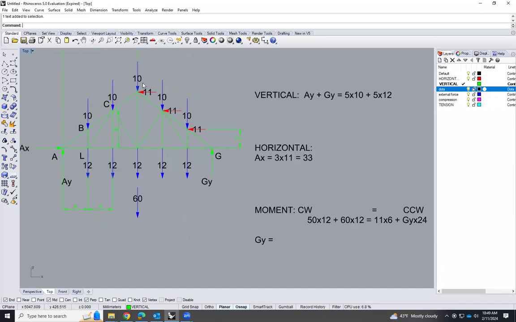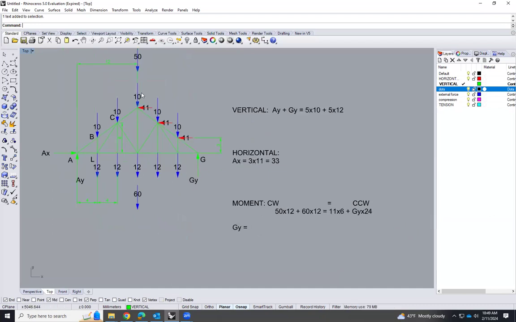The effect of these two forces is a clockwise movement of the structure about this point. So it's 50, the value of the force, times 12, the distance, plus 60, the value of this resultant, times 12. So this is the clockwise movement.